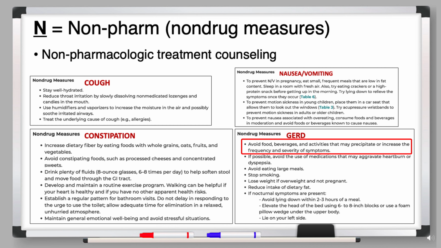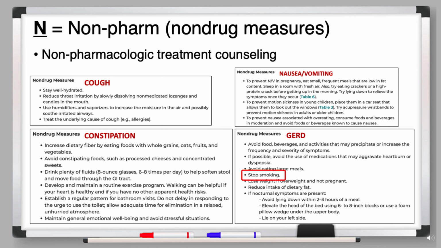So again, if it's spicy food or Mexican food, tacos, whatever it is that you've had an experience of after eating causes you to have this acid reflux, we're going to want to try to minimize how often you eat or consume those foods. Also avoid eating those meals in a large amount. So the smaller amount of food that you eat at a time can help reduce this.